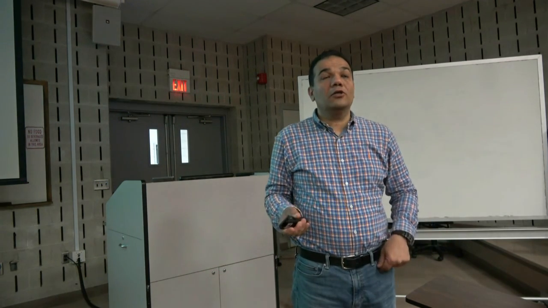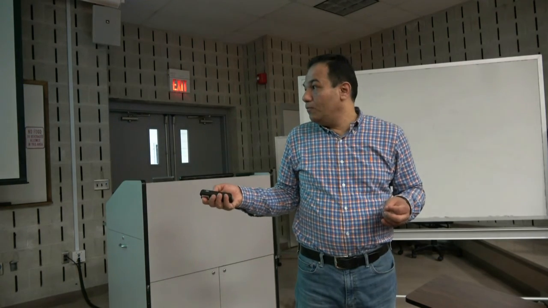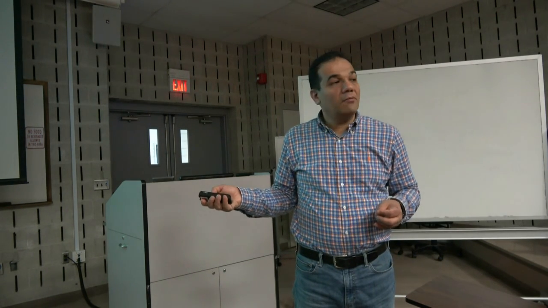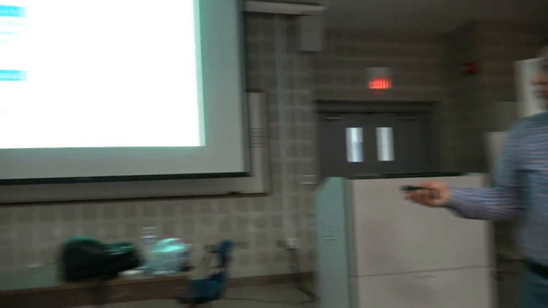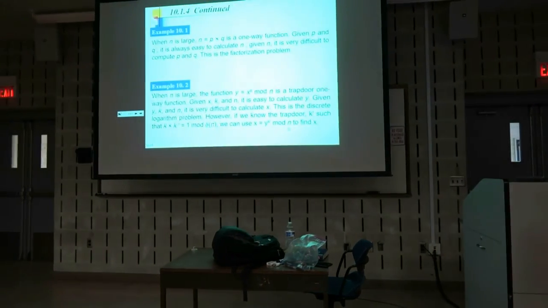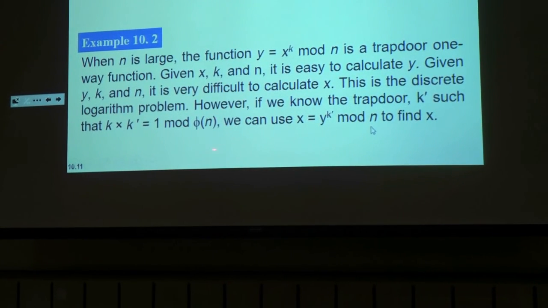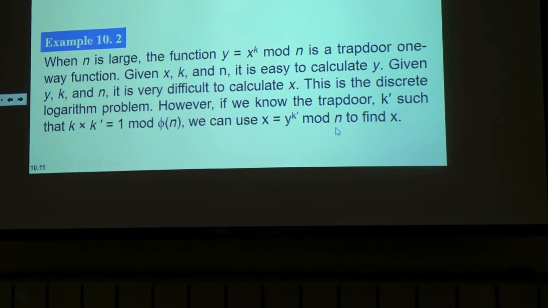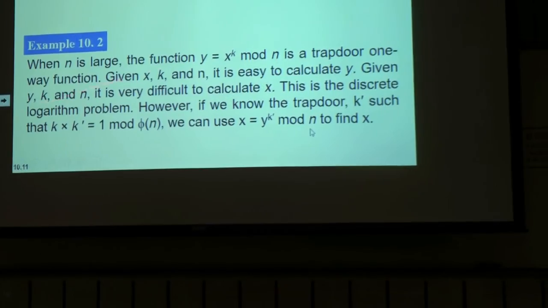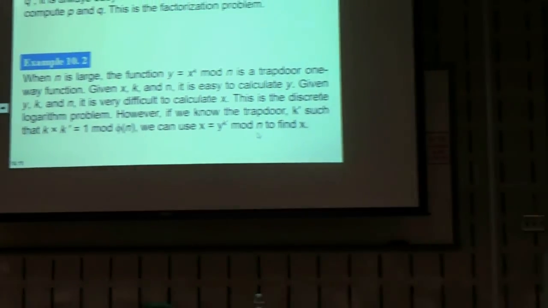All right. So what's the definition for k prime? Here, k times k prime gives you 1 mod phi n. What is phi n? n will be divided into 2 primes.